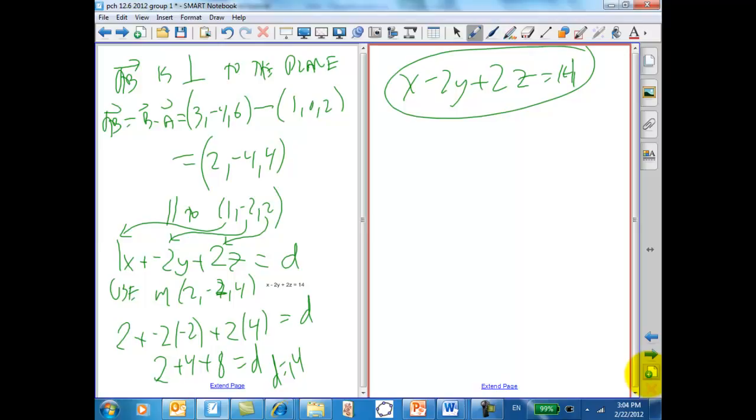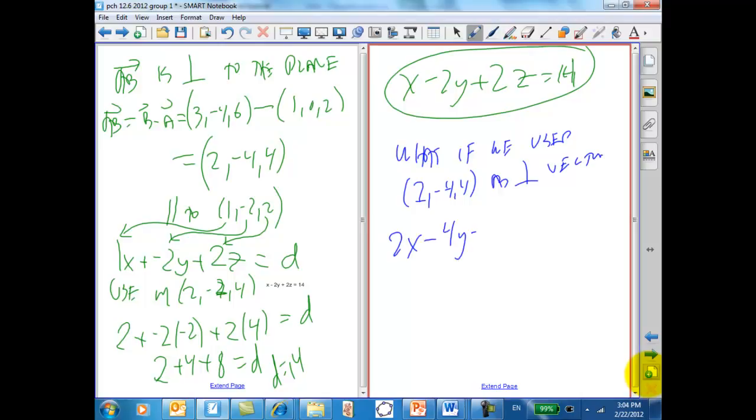Now, what if we used 2, negative 4, 4 as the perpendicular vector? Well, then you'd have 2x minus 4y plus 4z equals d. You'd plug in M again, 2, negative 2, 4.